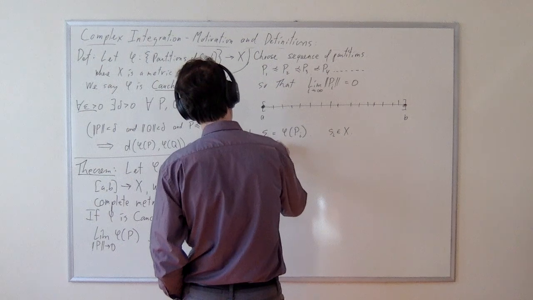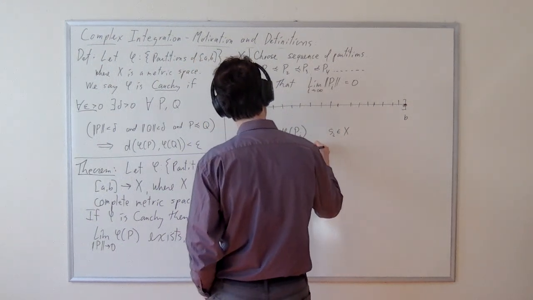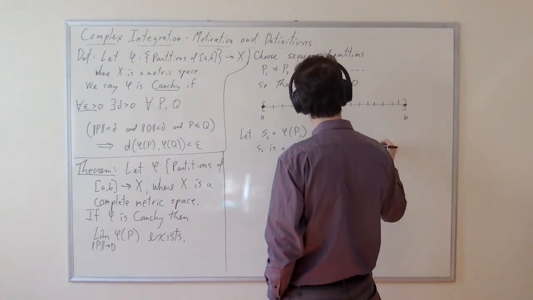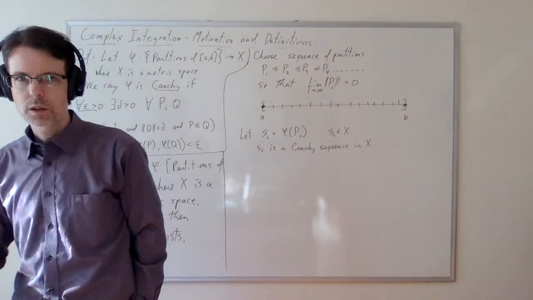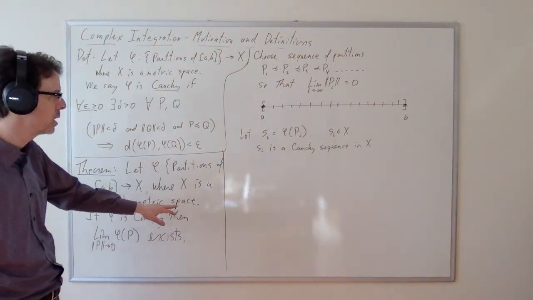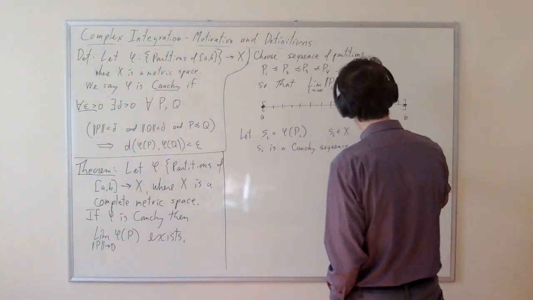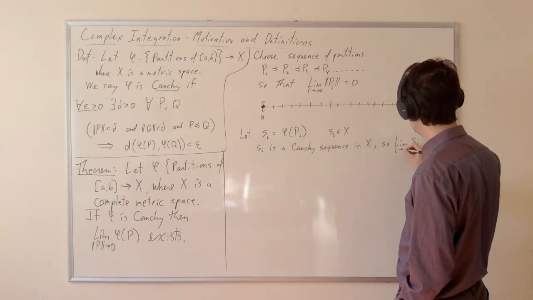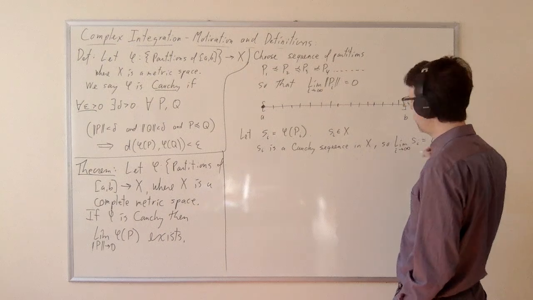So S_i is a Cauchy sequence in X. And who cares that S_i is a Cauchy sequence in X? Well, X is assumed to be a complete metric space, and so it converges. So we get to conclude that the limit of S_i as i goes to infinity is equal to L for some L.